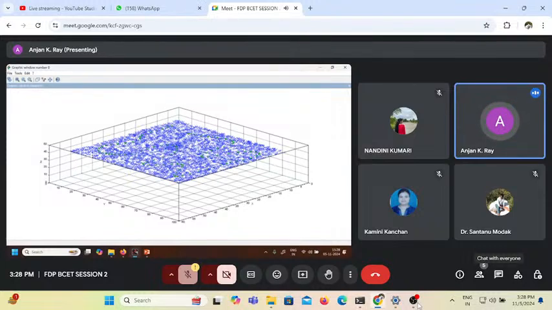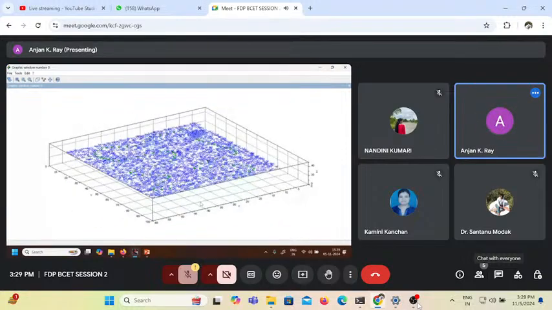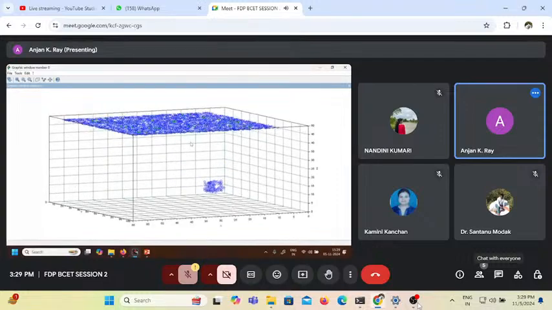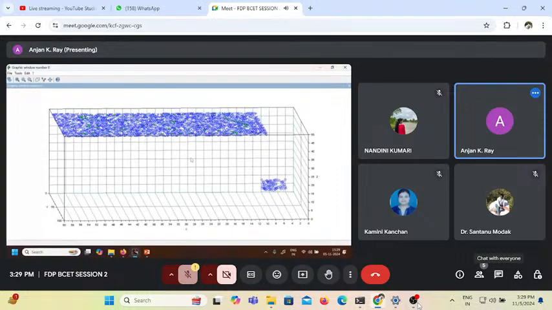And you saw that these UAVs are placed, these green dots you can observe probably, which are the finally trained version of these UAVs.